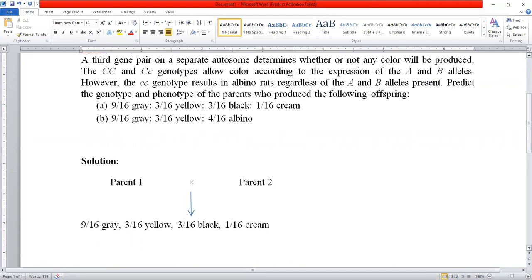So this is the given phenotype ratio in the next generation.